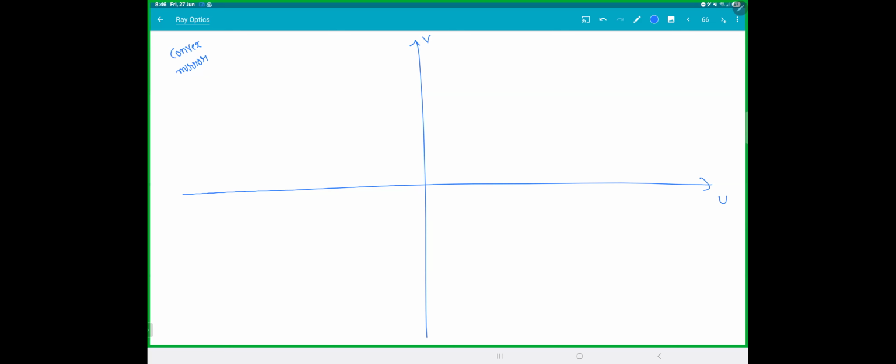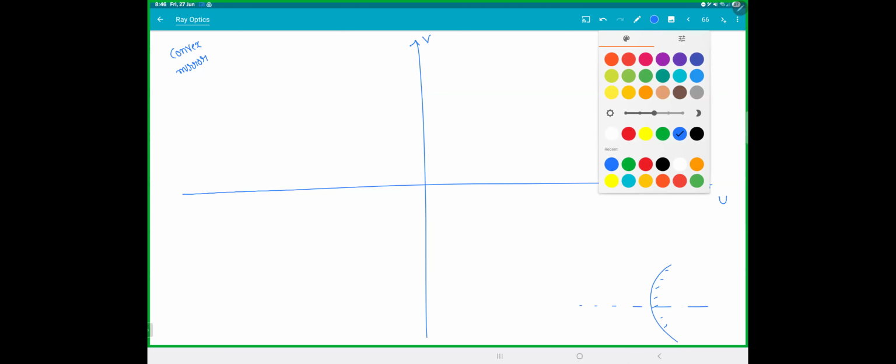Again, same thing. Think about it. When the object is at infinity, where is the image? At plus f, isn't it? In a convex mirror, the image is at plus f. As you get closer and closer to the pole, the image also gets closer to the pole.